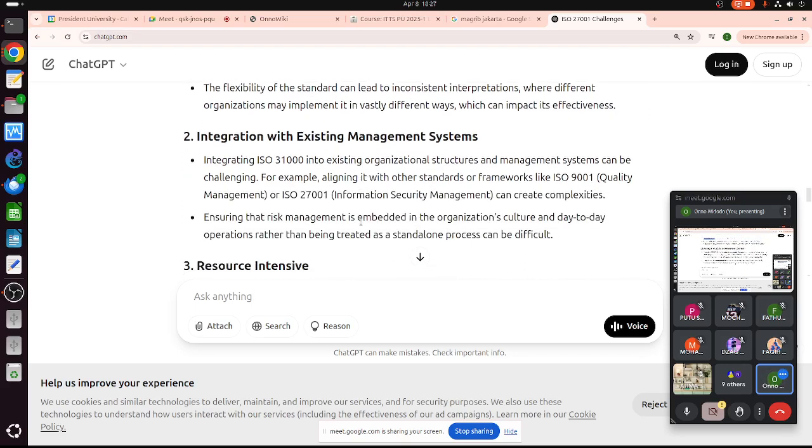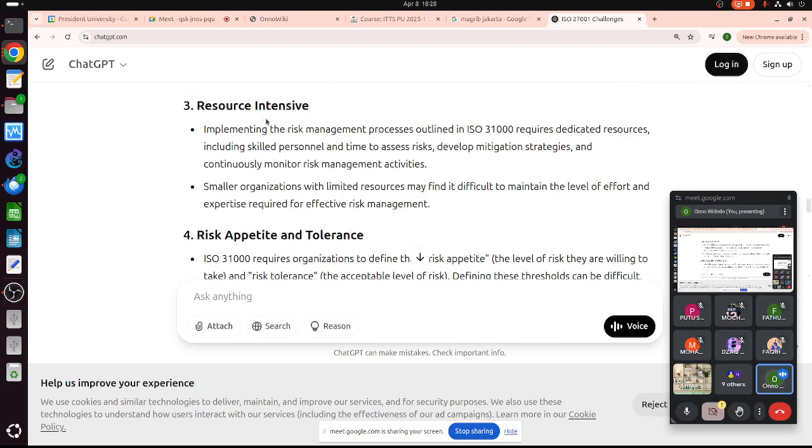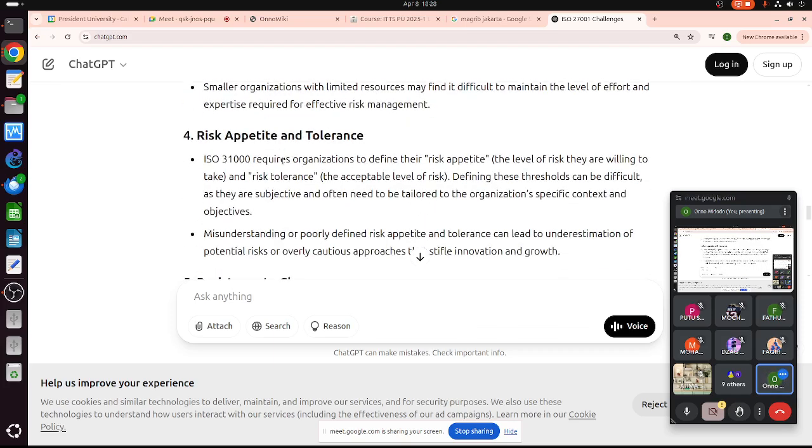Okay, and then we need to integrate ISO 31000 into the existing organization structure, align with ISO 9000 and ISO 27000. Okay, that's great but quite resource intensive.